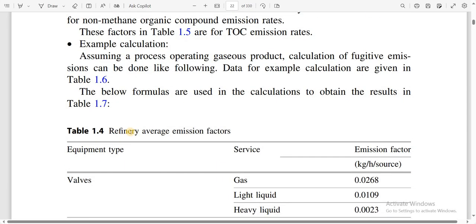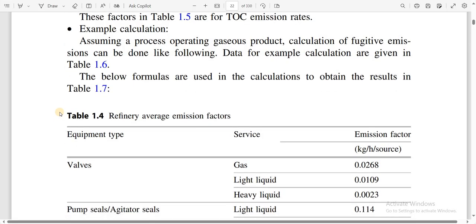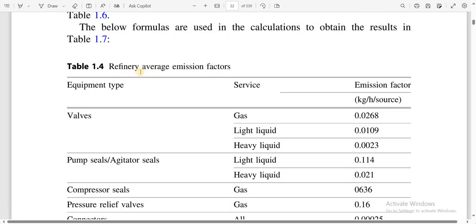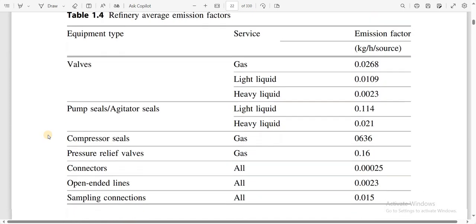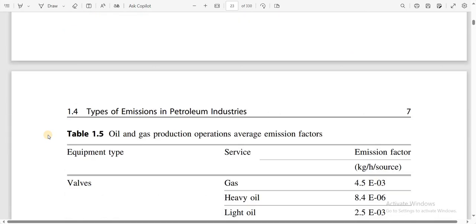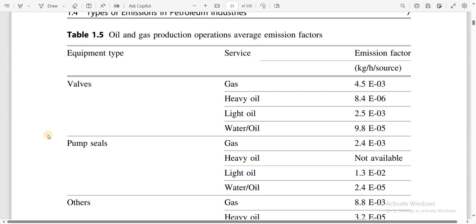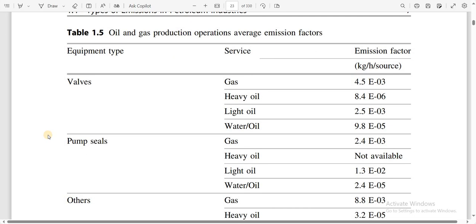Data for the example calculation are given in table 1.6. The formula below is used in the calculation to obtain this. So these are the refinery average emissions. So for refineries we use this data of emission factors. And in table 1.5, oil and gas production operation average emission factors.